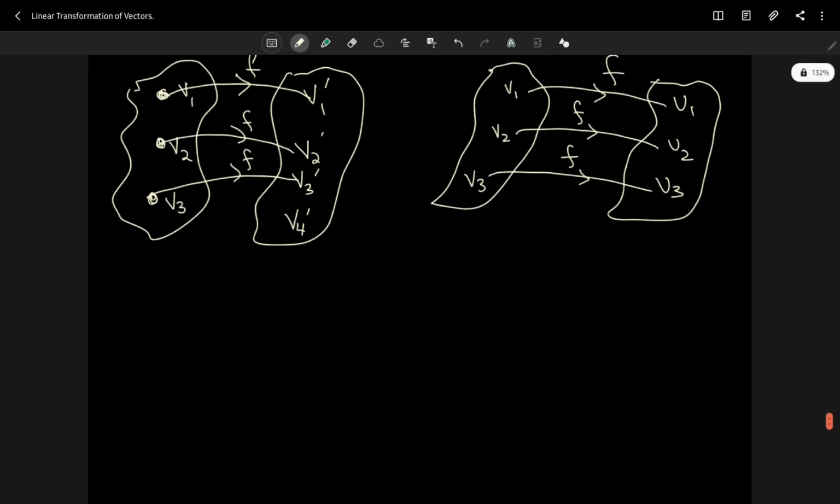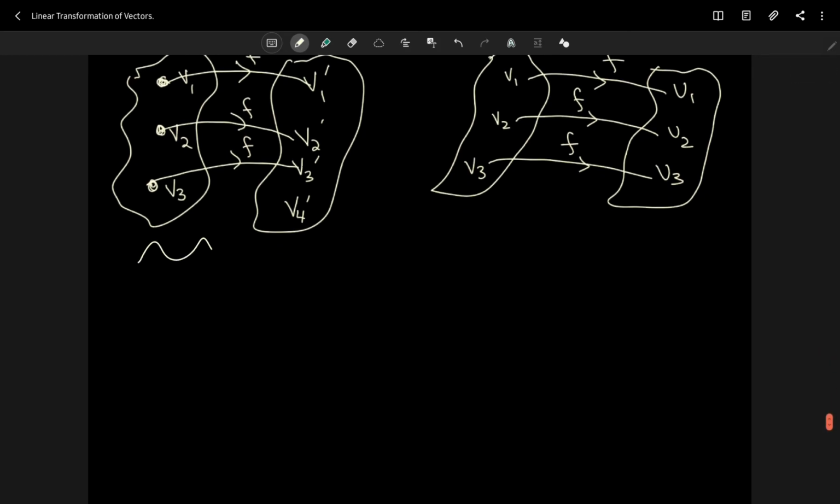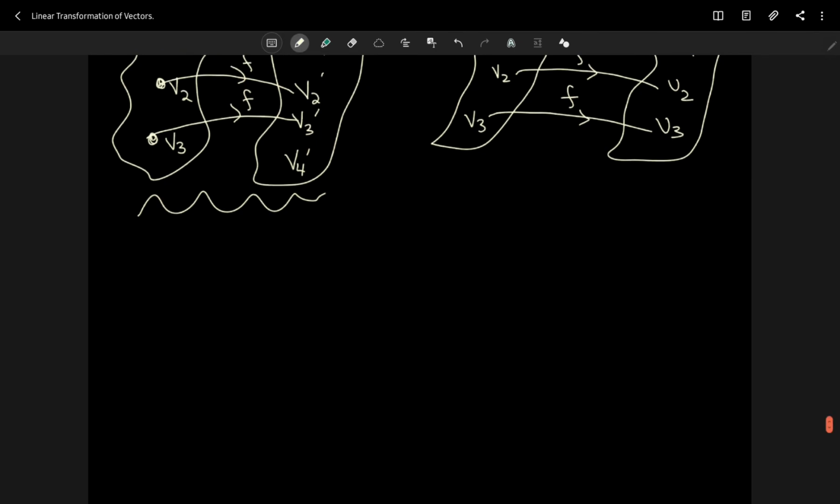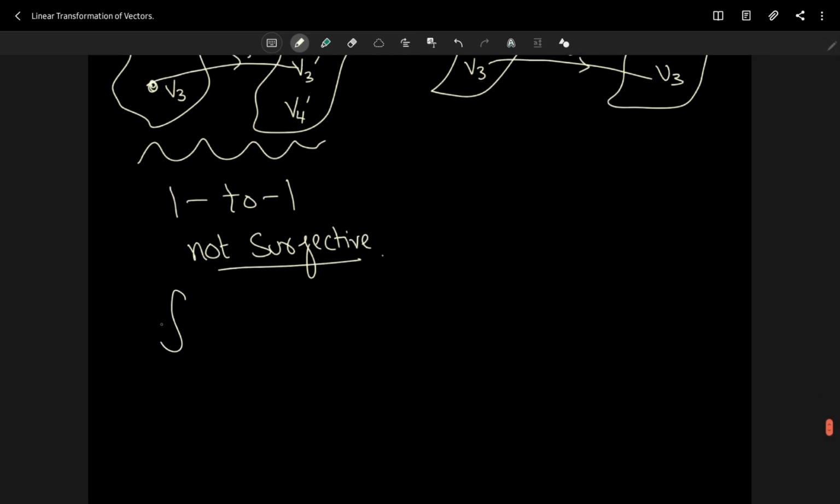Okay, so what I'm talking about over here is, if you consider this one, it is one-to-one, but it is not surjective. And here we could ask the question, what is the action of f inverse on V4 prime?